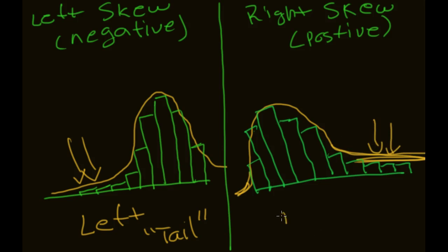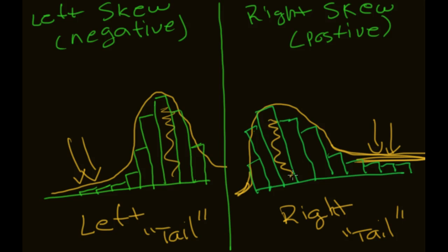So this is a right skew because it has a right tail, and this is a left skew because it has a left tail. It's a little counterintuitive because sometimes people want to ask where the hump is, but it's not where the hump is. It's where the tail is. So the skewness is labeled by where the tail is. Left tail, left skew; right tail, right skew.